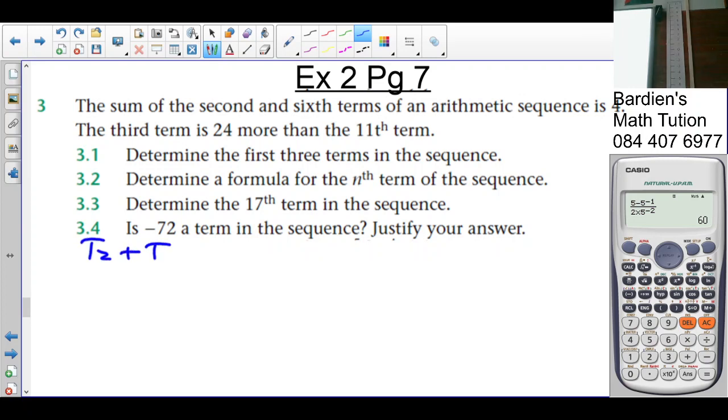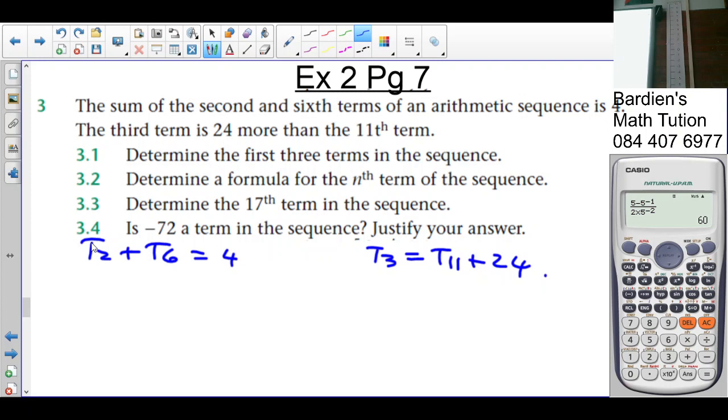T2 plus T6 is 4. The third term, T3, is 24 more than the 11th term. You managed to set up the equations like that. Yes, so that isn't the problem.